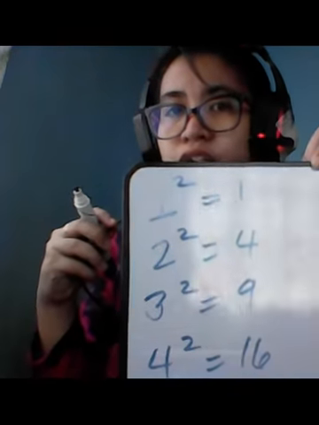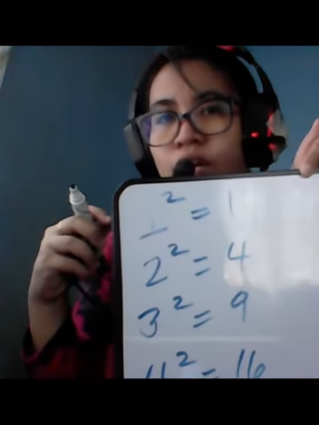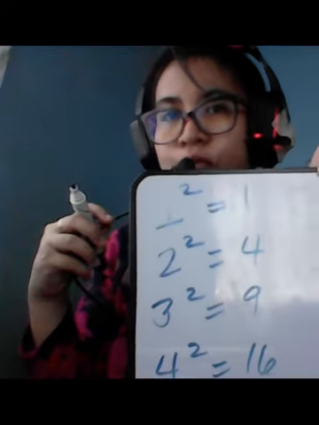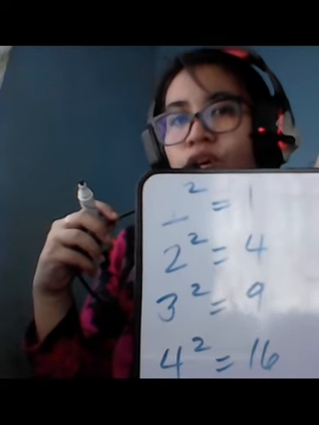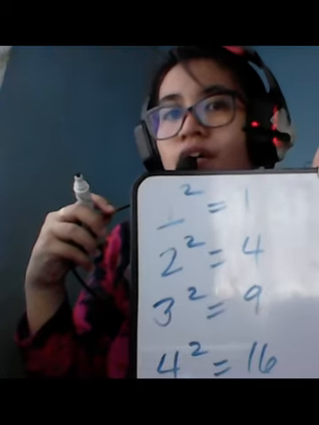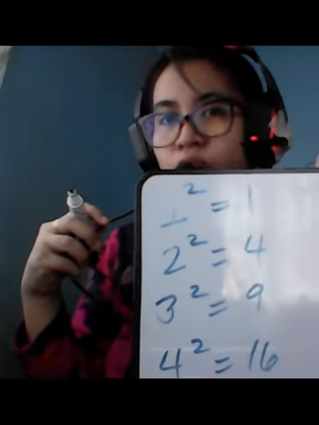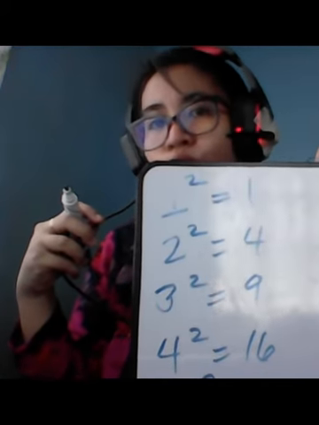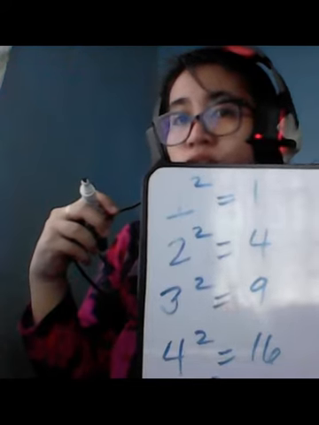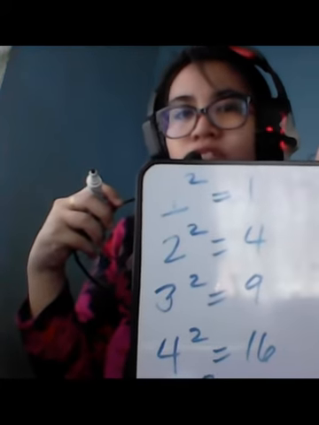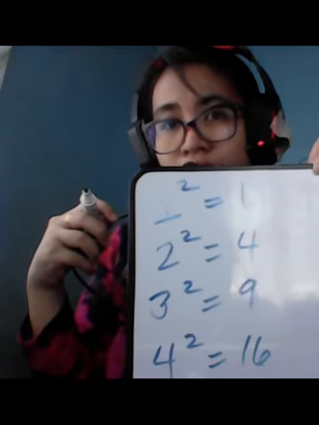So here it is. We have 1 squared equals 1. 2 squared equals 4. Therefore, the square root of 4 is 2, and the square root of 1 is 1. Because 1 squared means 1 times 1, 2 squared means 2 times 2. 3 squared means 3 times 3, which equals 9. So when you are asked what is the square root of 9, your answer is positive negative 3.